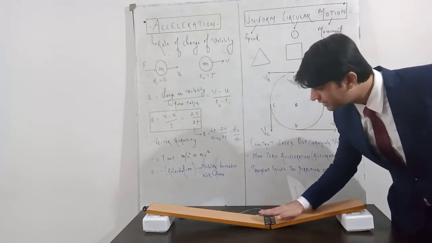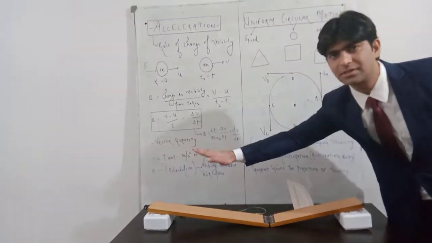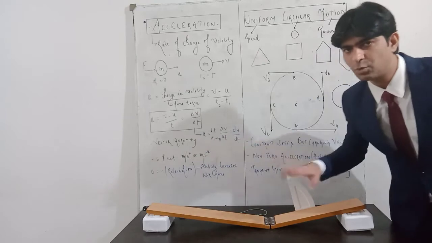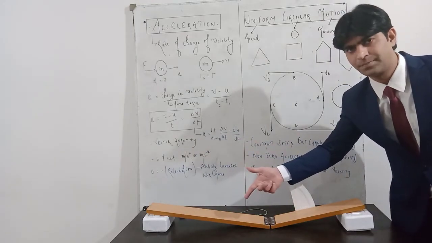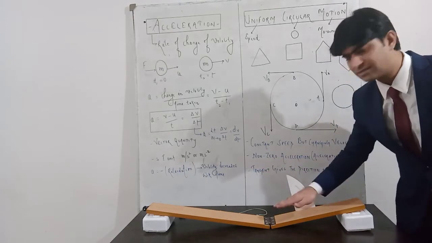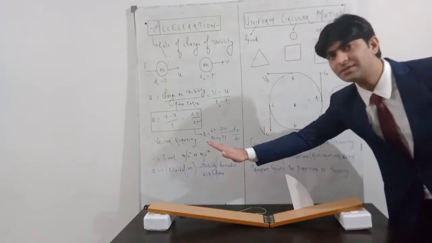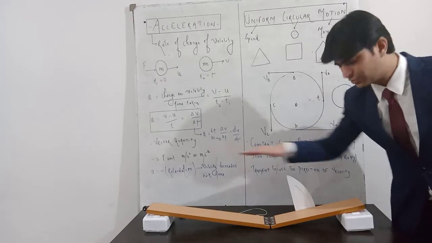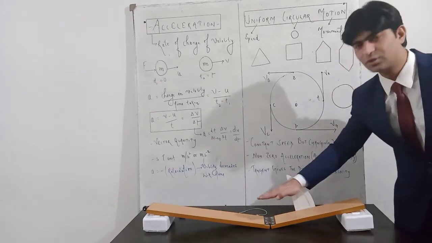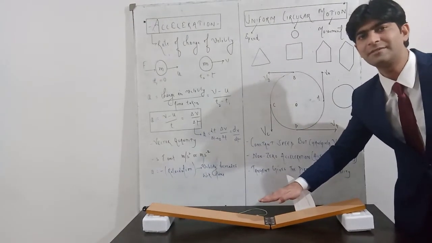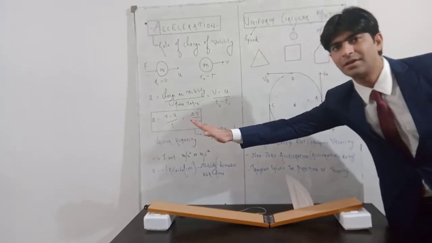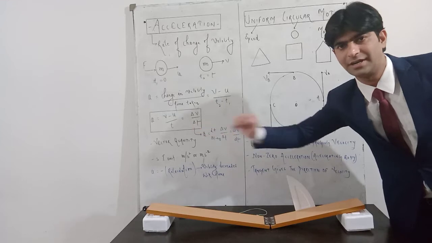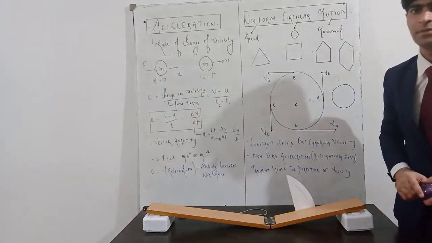When the ball is rolling up in this inclination, the velocity is decreasing. That means in both the cases the velocity is changing with time. In this slope it is increasing, in this slope it is decreasing. So this increase in velocity with time is called acceleration, and this decrease in velocity with time is called deceleration or retardation, which is our topic today.